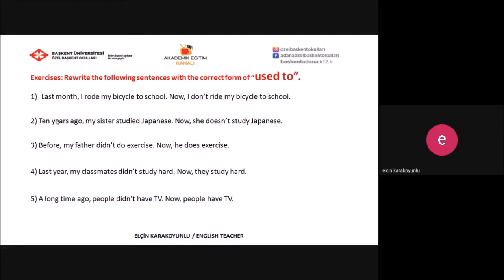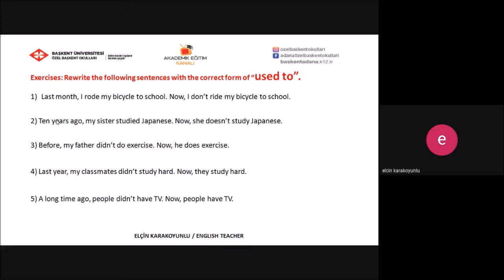Let's check the first one. Last month, I rode my bicycle to school. Now, I don't ride my bicycle to school. The second one: 10 years ago, my sister studied Japanese. Now, she doesn't study Japanese. And the third one: before, my father didn't do exercise. Now, he does exercise.